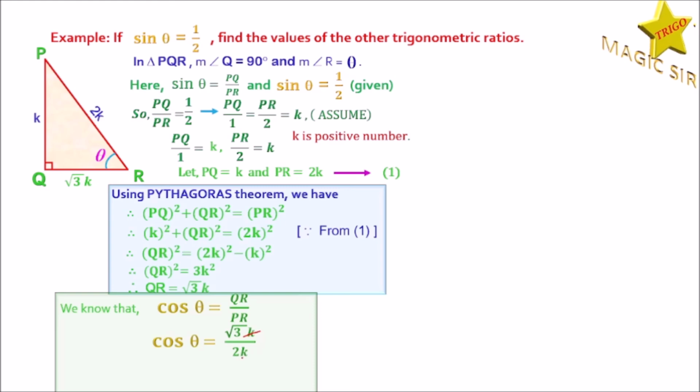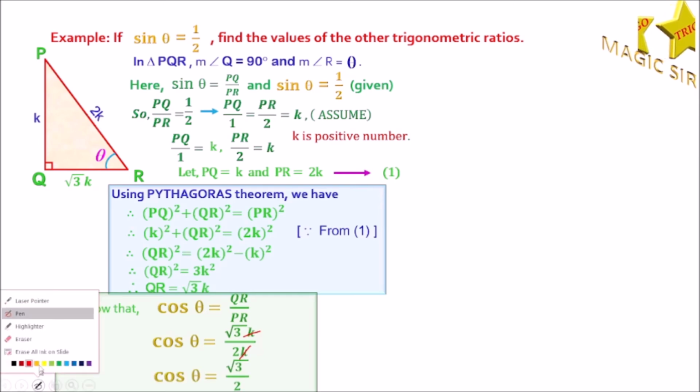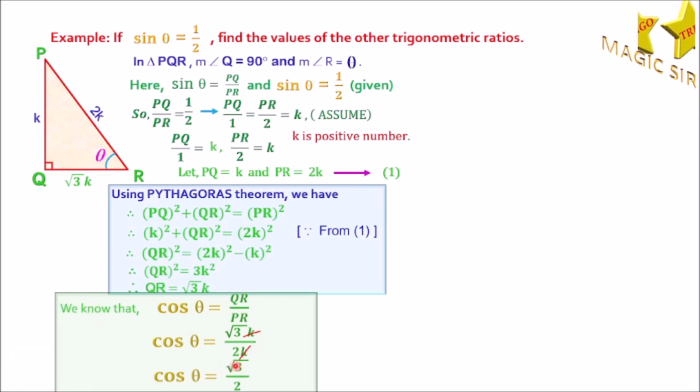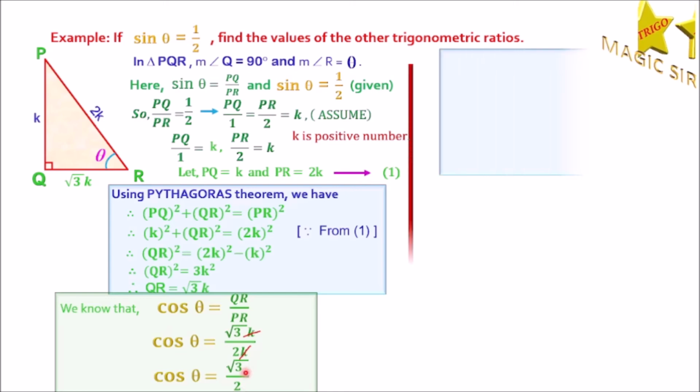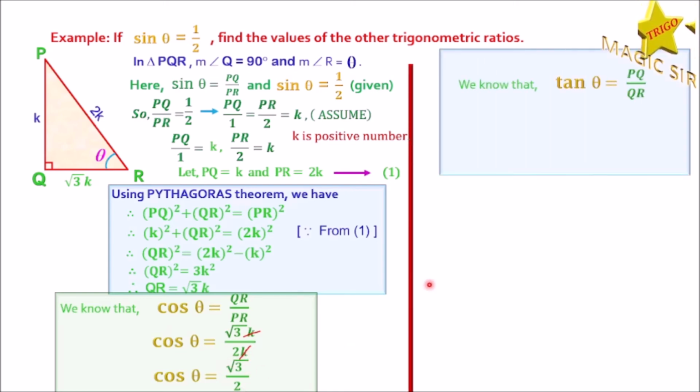We see that this K and this K cancel, simplifying we get cos theta is equal to root 3 by 2. This is our second trigonometric ratio.